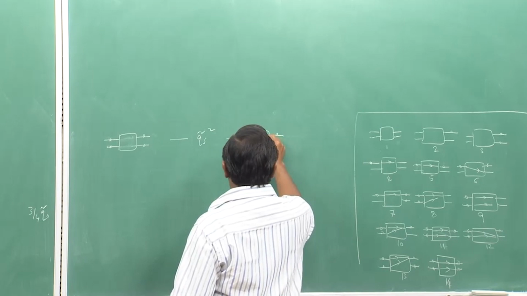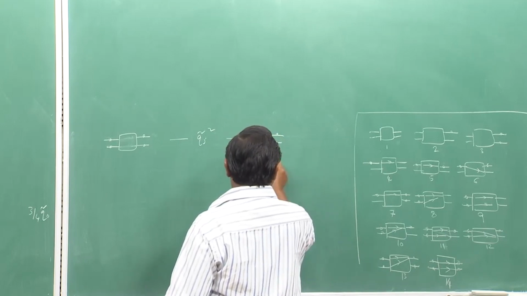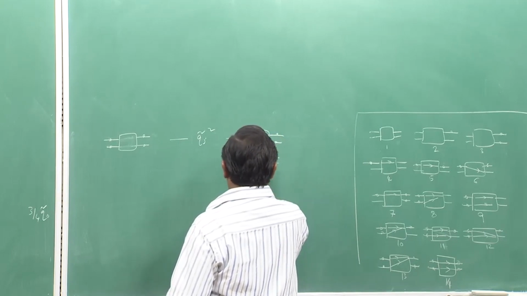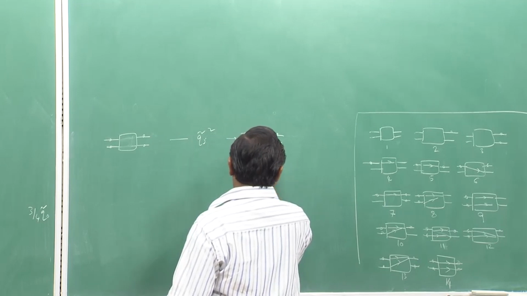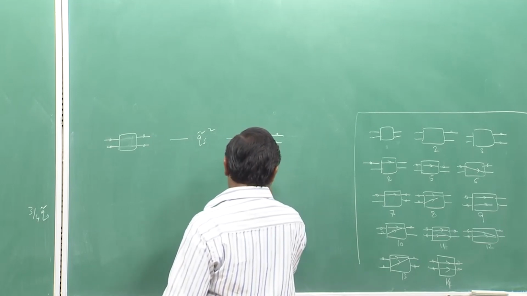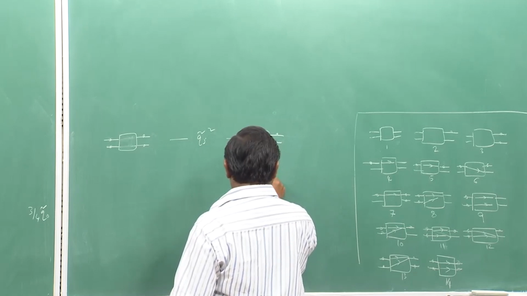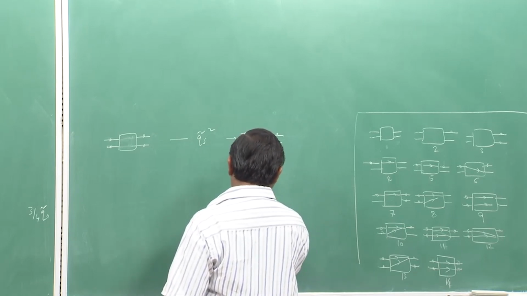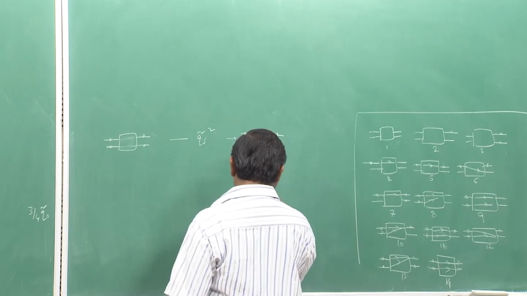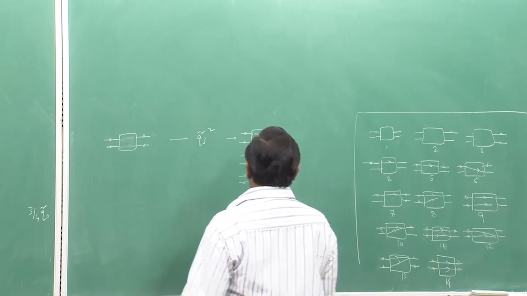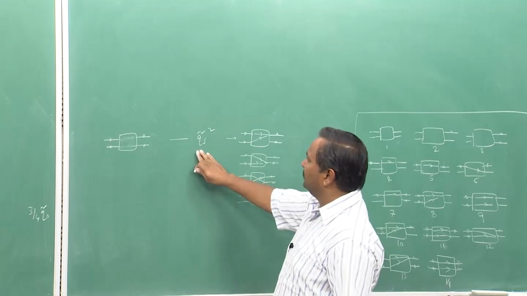So, they can be in this fashion. So, these 4 possibilities are there with qj bar square.